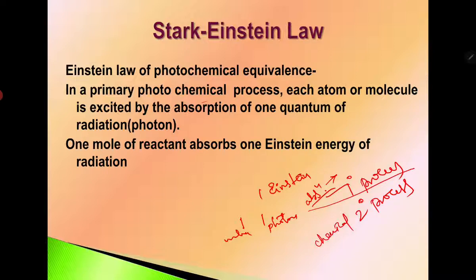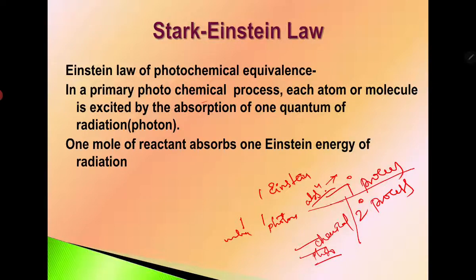After absorption of light radiations, the electrons in the substance get excited to higher levels. This happens in the primary process. Next, in the secondary process, the excited electron may or may not undergo some chemical change, and some other processes can occur, which we can study later under the topic of photophysical processes.